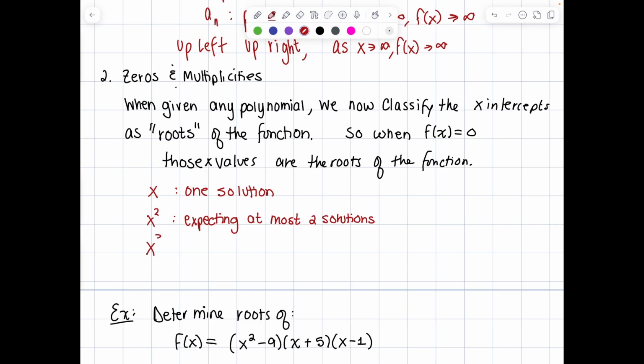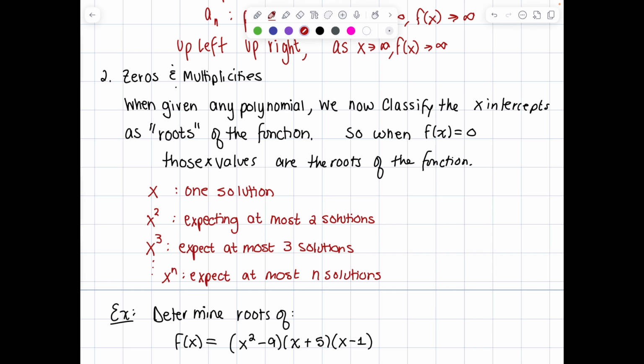If we have x to the third, we're expecting at most 3 solutions. And the list goes on. As you get bigger, if you have x to the n, expect at most n solutions.